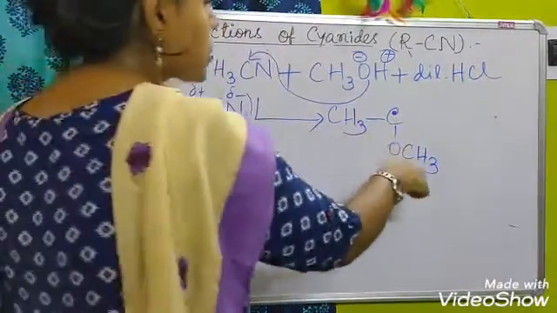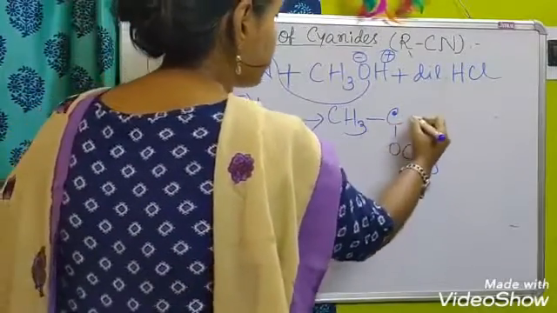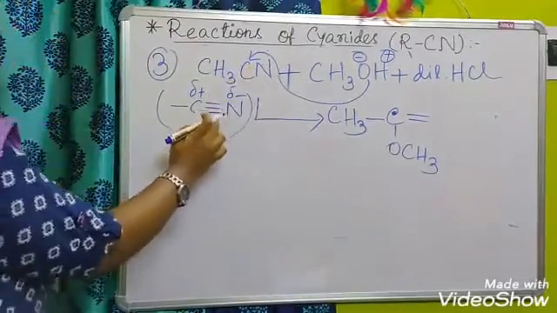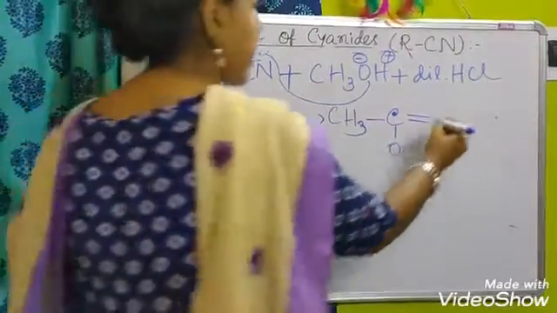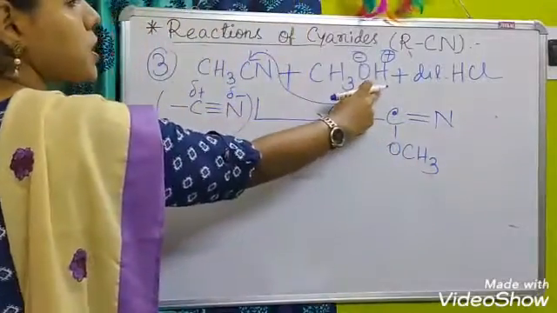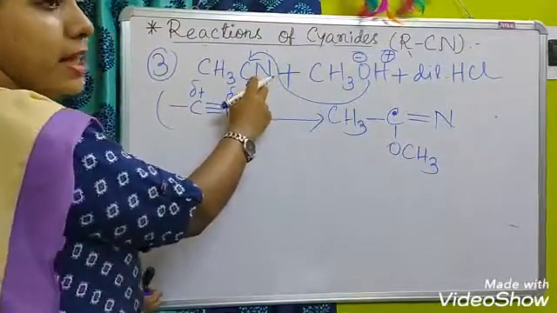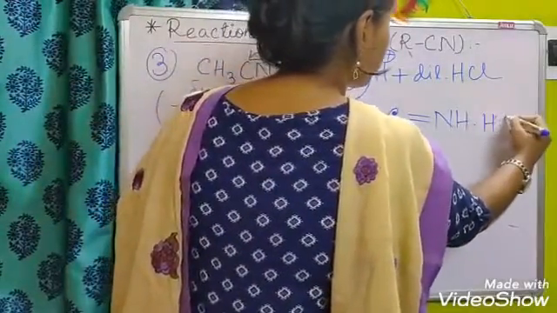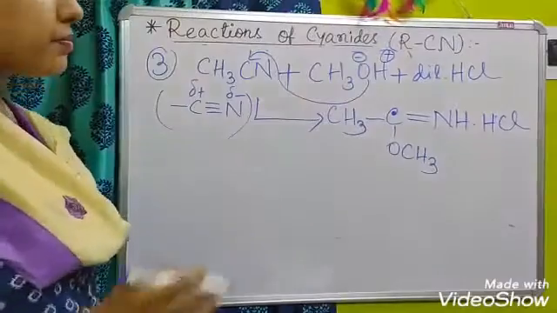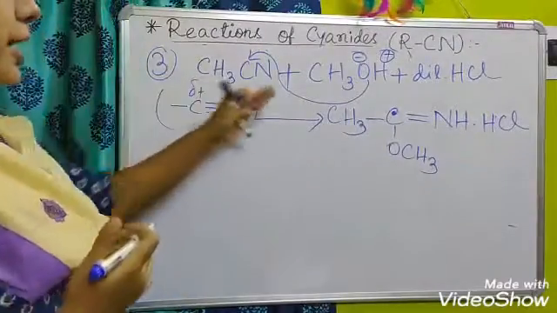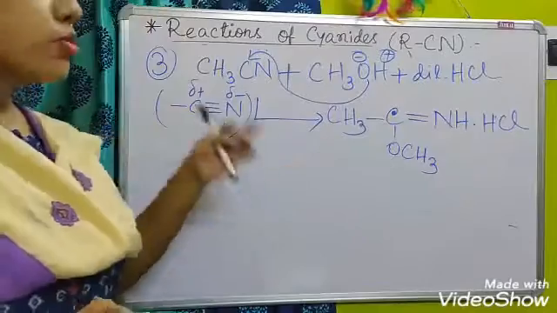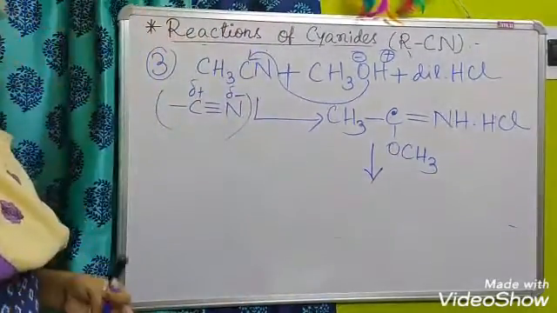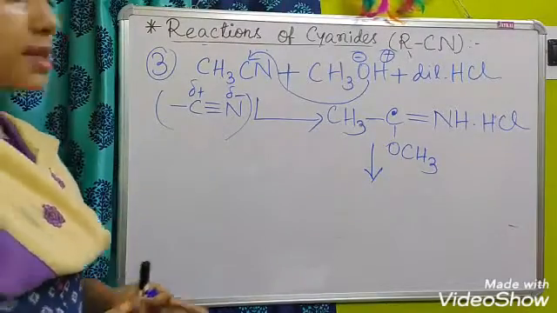So the bonding will be like this: C single bond OCH3. After that, the triple bond between them will be reduced to double bond, and this positively charged hydrogen will be added on the nitrogen, so it will become NH dot HCl. Clear? So after the first step, we will get this compound, and then in the second step, again we have to do hydrolysis here.